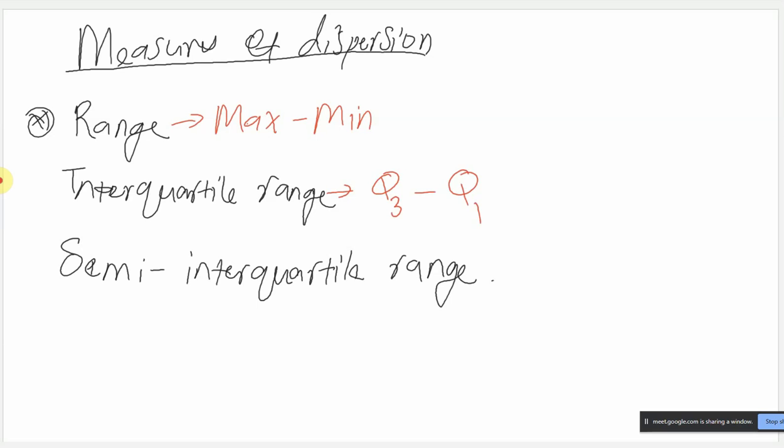And then the semi-interquartile range is half of the interquartile range, so the interquartile range divided by 2. This is Q3, not Q2.